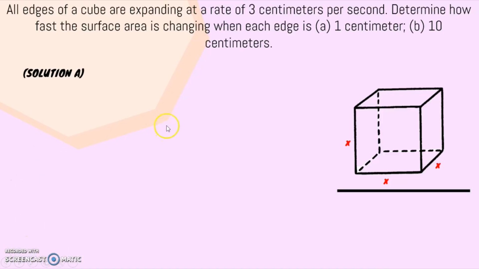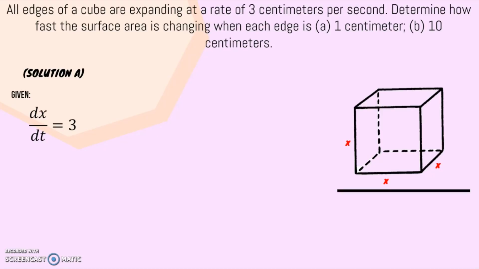Determine how fast the surface area is changing when each edge is at A, 1 centimeter, and at B, 10 centimeters. Going back to the cube, x is the edge of the cube, which tells us that dx/dt is 3. Therefore, that's our first given.